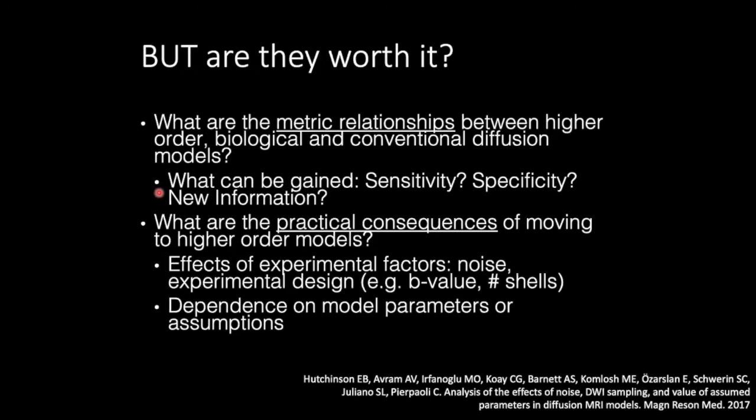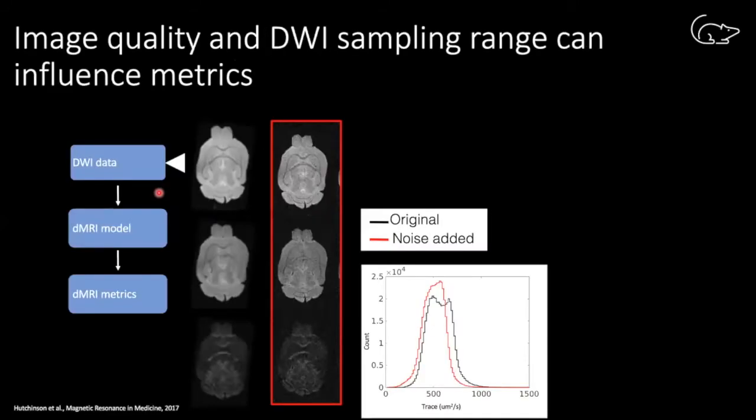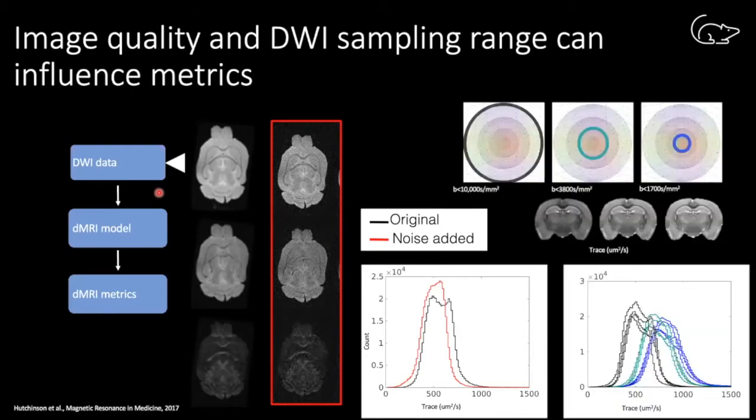If they don't tell us anything new, or if they're so hard to use that they're never going to be translated, then enthusiasm is diminished. So one of the things that we've done that I just want to talk about quickly is we've looked at the dependence of these different models and techniques that I mentioned to image quality features and to diffusion encoding. And for time's sake, I'll focus on diffusion encoding.